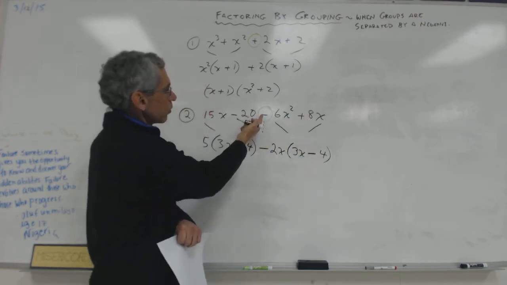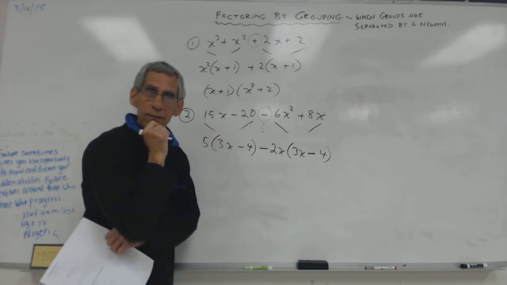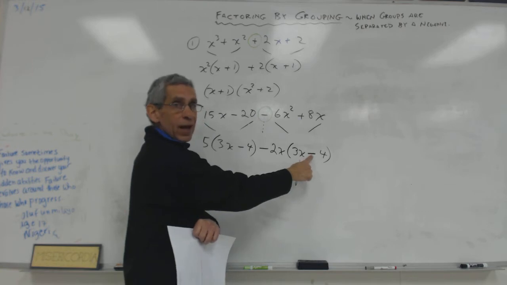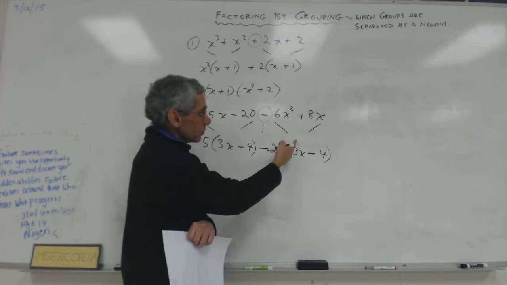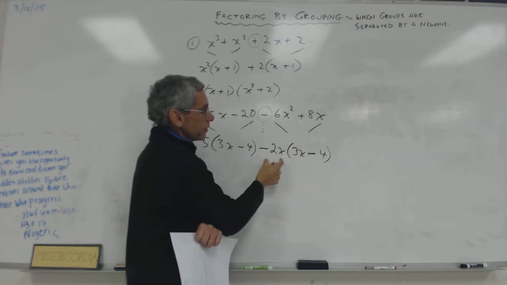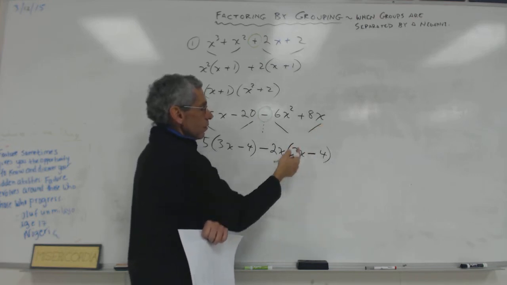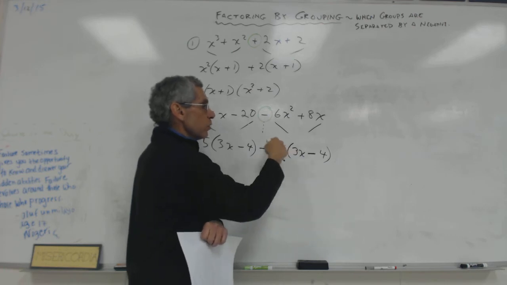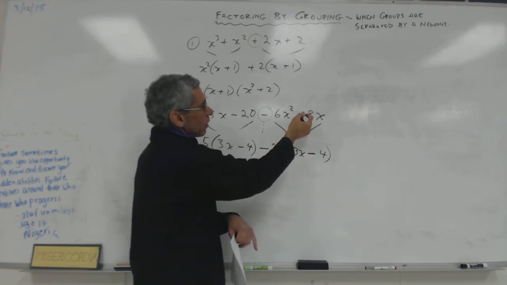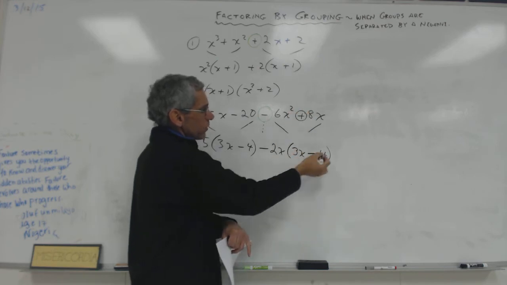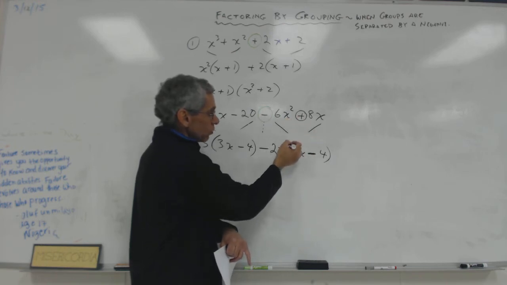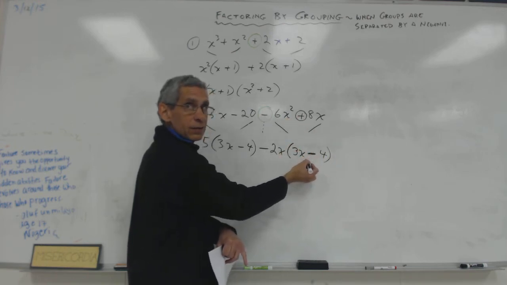So when the negative sign is in the middle, whatever sign is here is going to be the opposite here, because you're putting it in parentheses and it's going to be multiplied times each thing inside. Whatever you get here, when you multiply it out, has to come back to this, right? So if this sign is positive, as soon as you put a parenthesis here, it's going to turn negative. If this sign was negative, as soon as you put the parentheses, this is going to be positive, right?